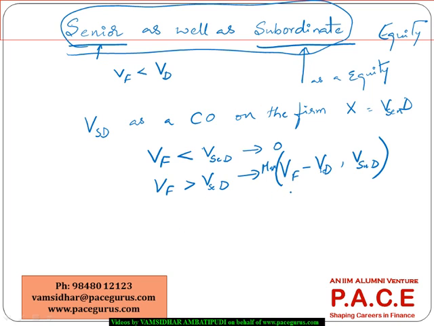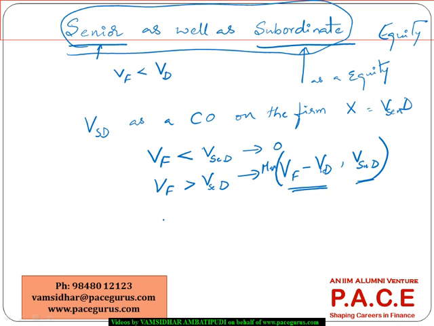So it's not a pure equity also, right? It's either the difference between the two or, to a maximum extent, the value of the subordinated debt itself. So when I am trying to value the equity, I am looking at the strike price, which is the value of the senior debt as well as the subordinated debt.